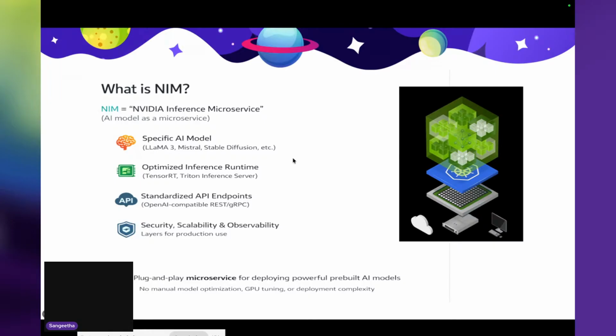Instead of manually tuning your model, NIM uses its underlying engines like TensorRT, which automatically analyzes your model and optimizes it for the specific NVIDIA GPU it is running on, ensuring maximum speed and very low latency, all completely without human intervention. And that's the beauty of it, right?